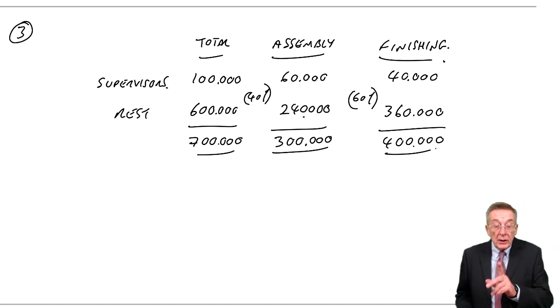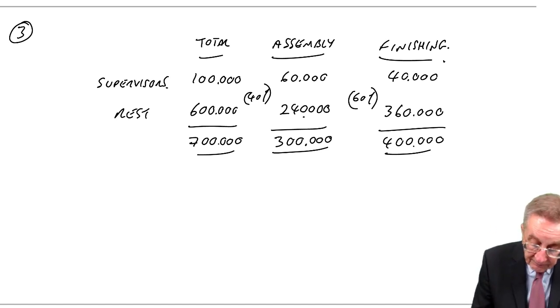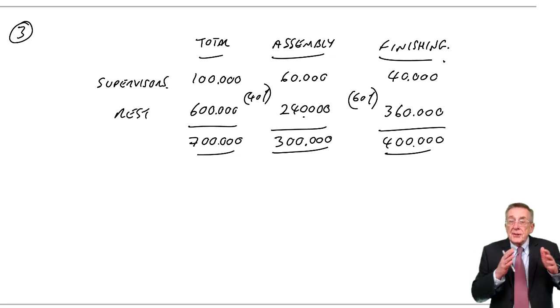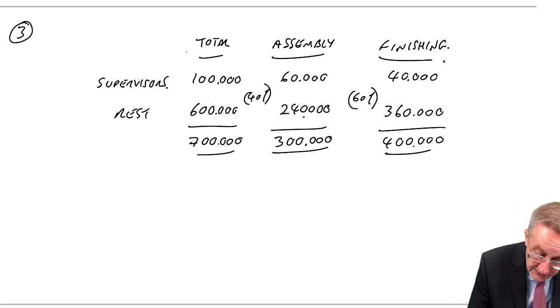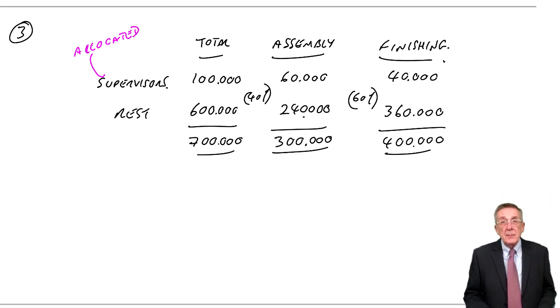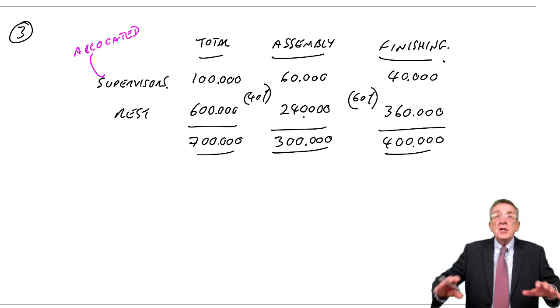Now, before I carry on, just one little bit of terminology, just in case it's mentioned. Supervisors, we put the cost where relevant. We say we allocated the cost. Allocating overheads: if you know it's one department, you stick it there. The others, though, we just decided to share them.